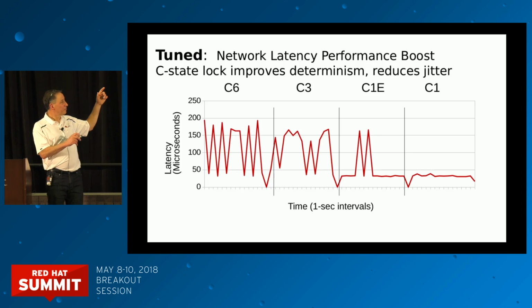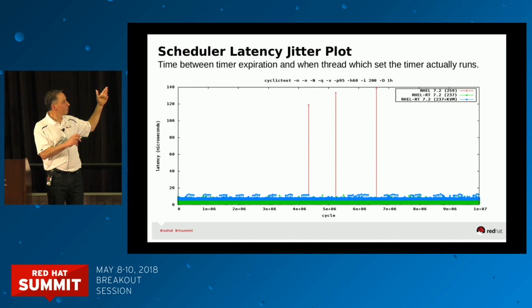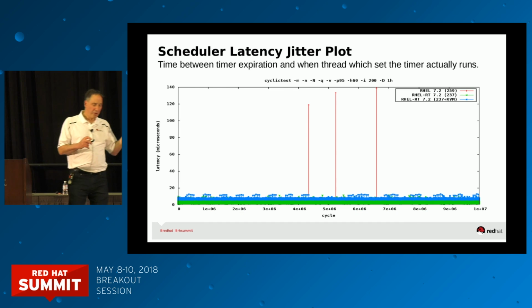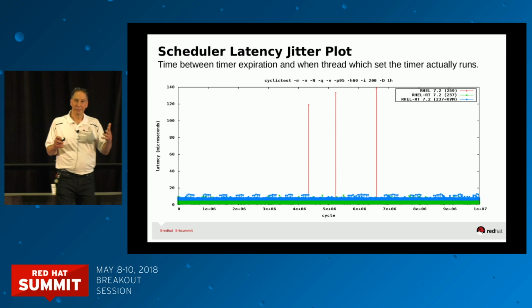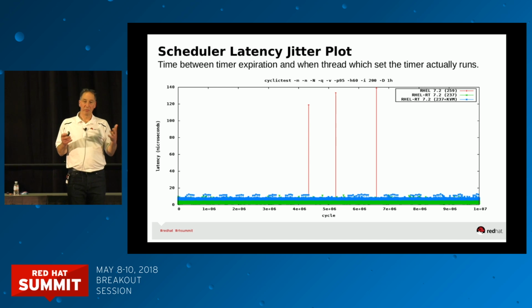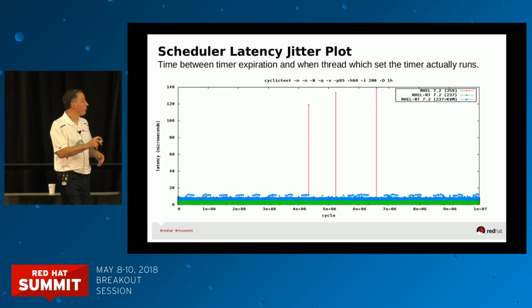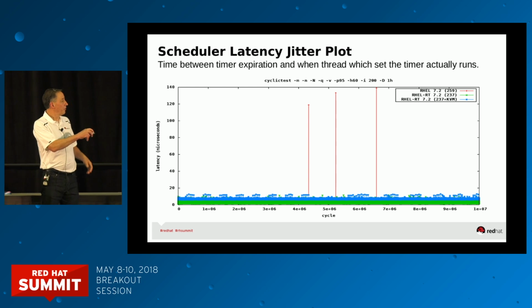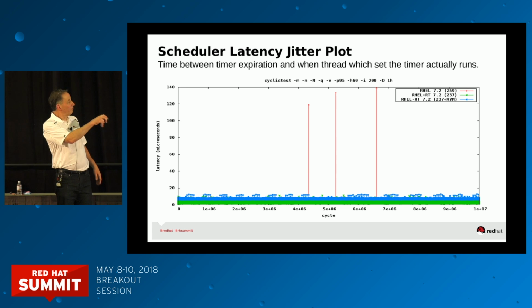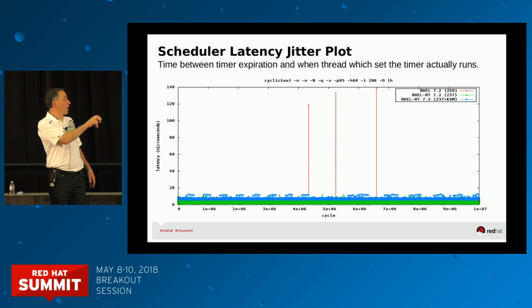Again, I'm going to cut to the chase. Back in RHEL 7.2, people were saying, gee, I have to go to the real-time kernel in order to get rid of, not only for determinism, but to get rid of some jitter. And if you look on the left-hand axis, the y-axis, we have microseconds of latency.